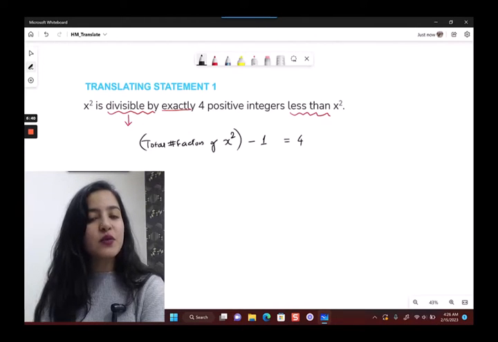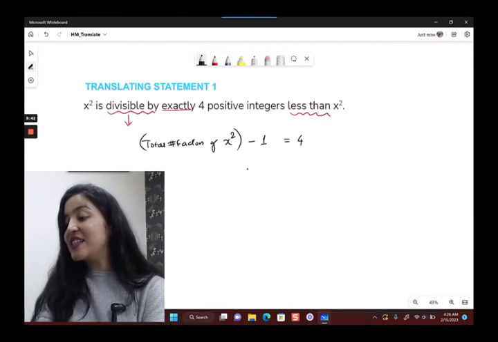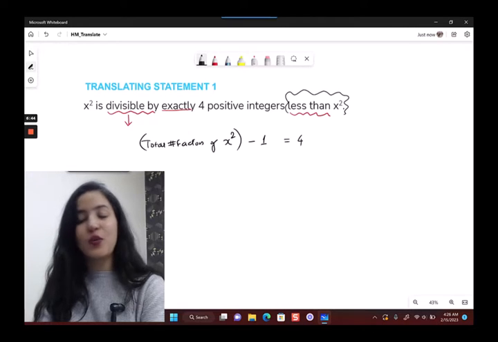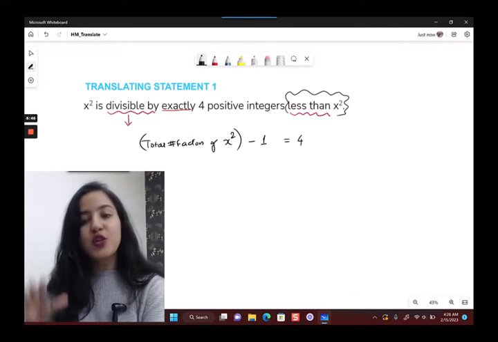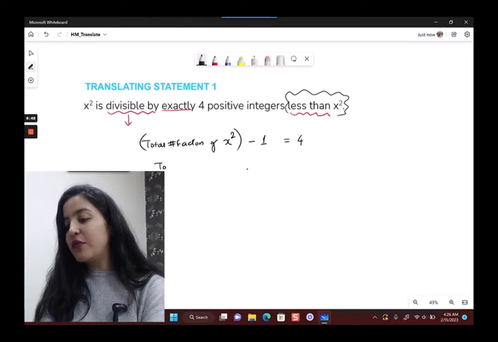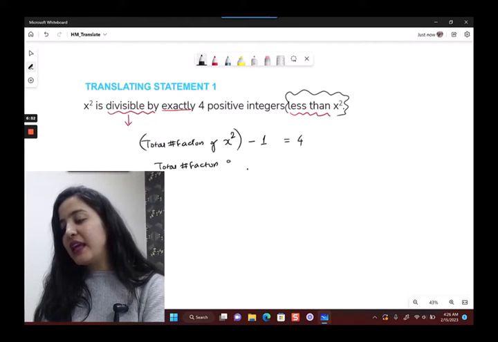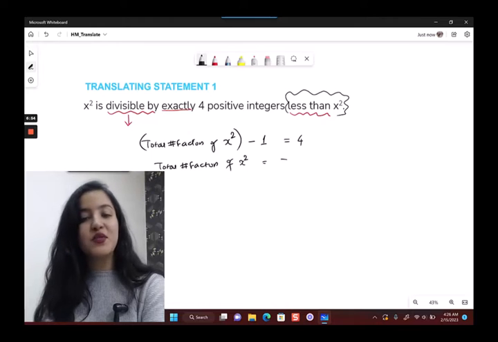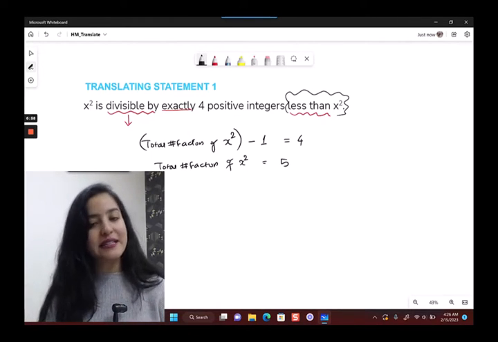Again, why the -1? Because the statement says divisors are less than x squared, so you're not going to include that one. So the total number of factors of x squared, if I include everything, is just 4 plus 1, 5. That's it. So the total number of factors of x squared is 5.